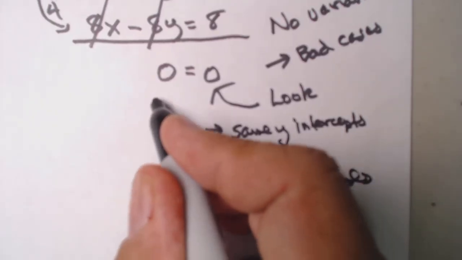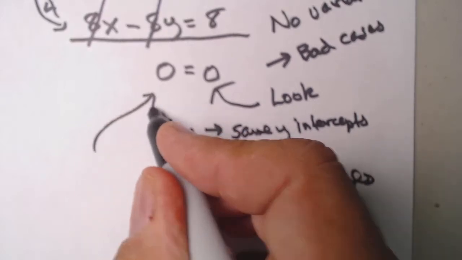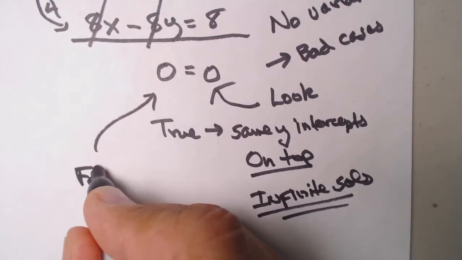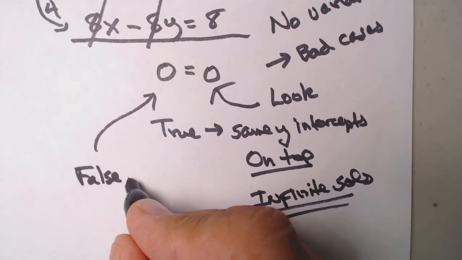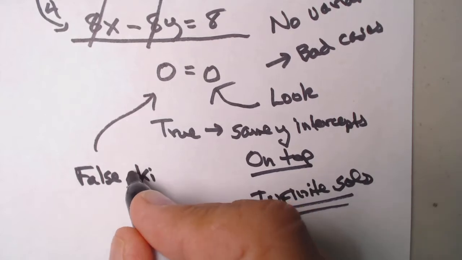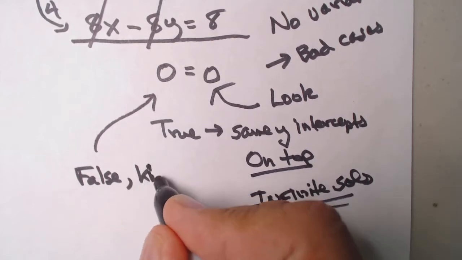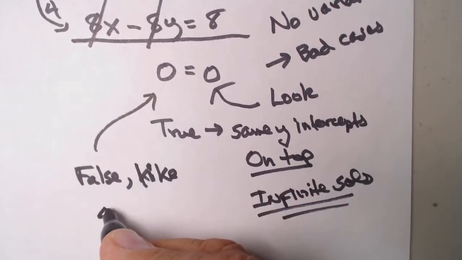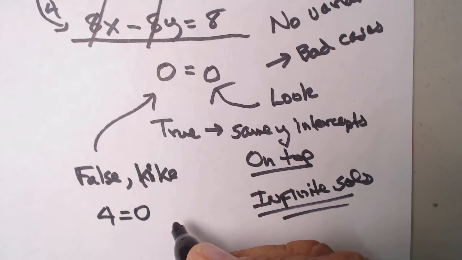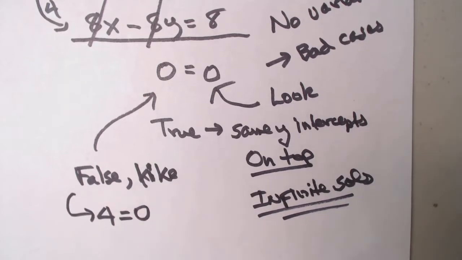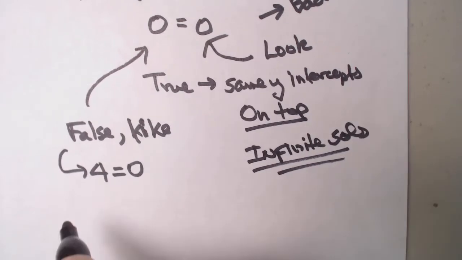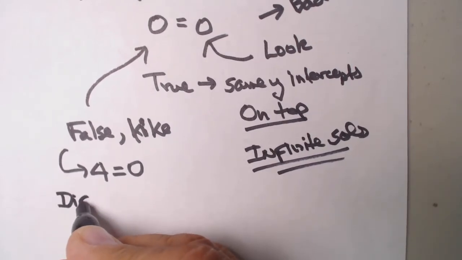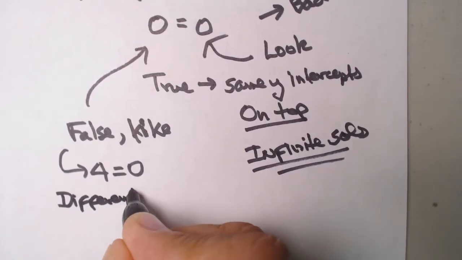Now, I should point out to you that if you ended up over here with a false statement, okay, like, let's say, let's put like here, L-I-K-E, there we go. Like 4 equals 0, that's definitely false. Then that means you have now different y-intercepts.